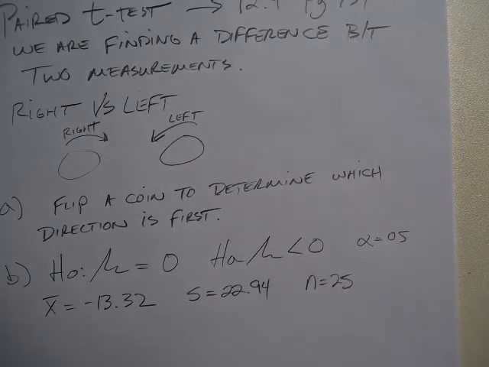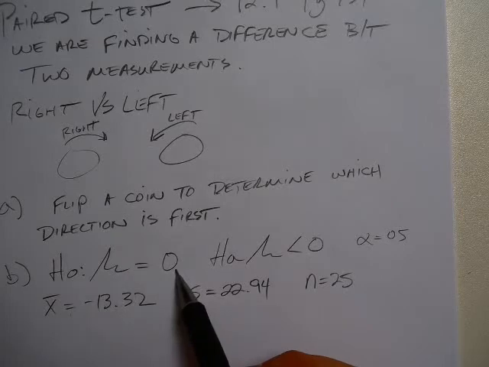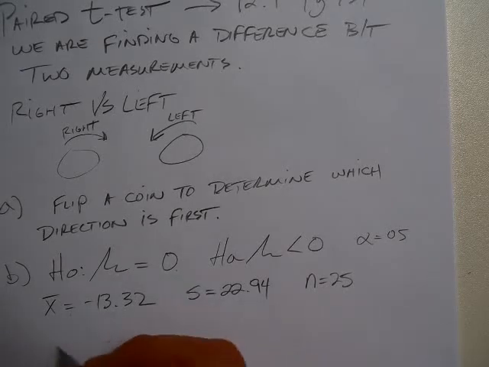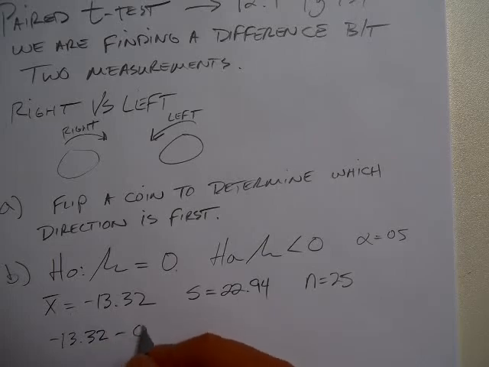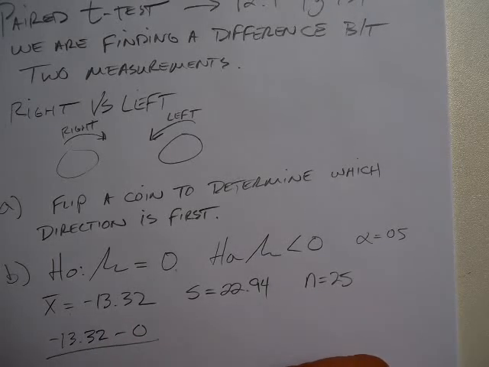So we're going to standardize: x bar minus the claim, mu sub naught, over 22.94 and the square root of 25, which is 5.